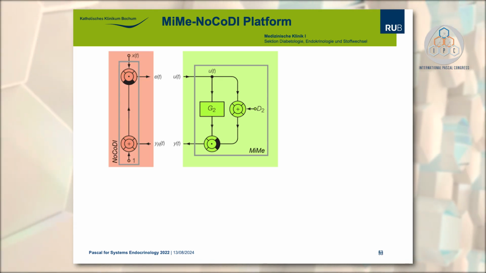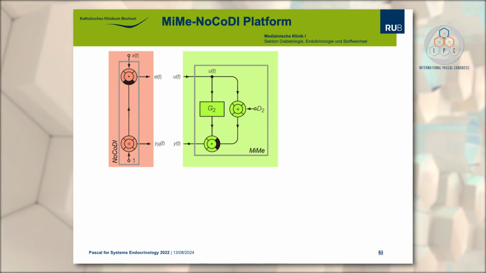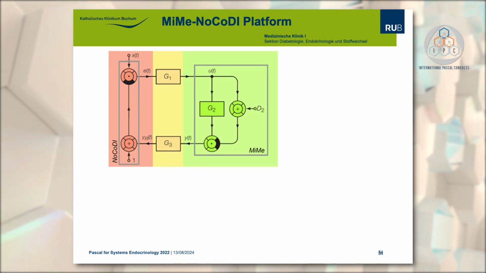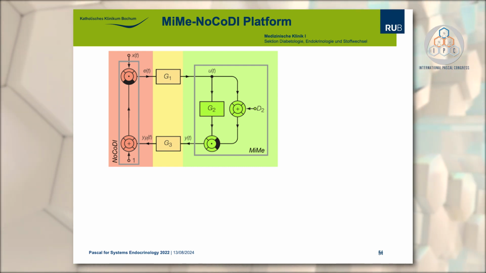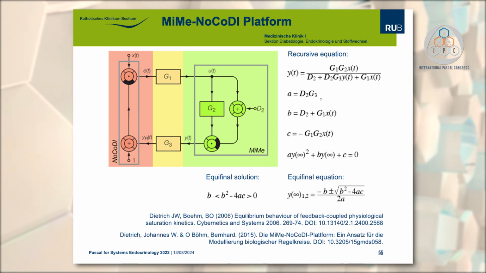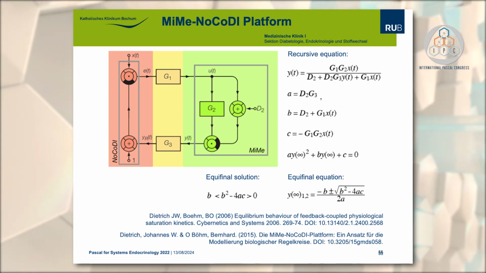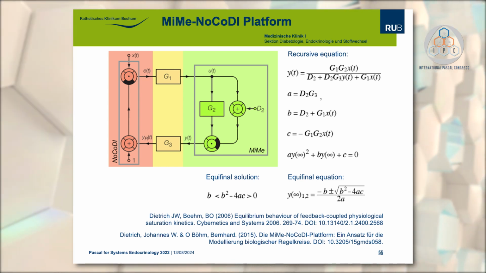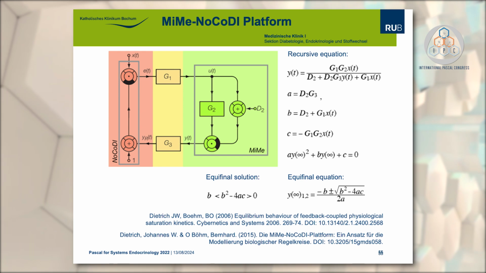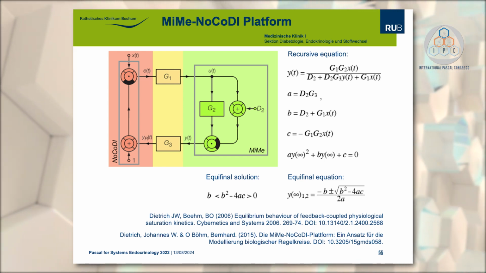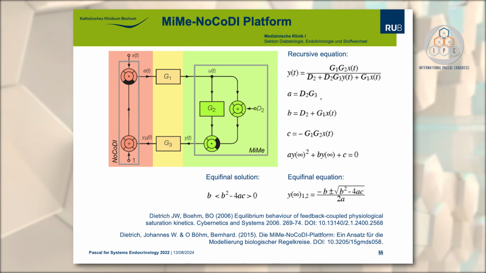This recursive equation describes the development of the system over time. And what we can also do is solve this for the equifinal behavior in the steady state. If we combine some of these parameters to 3 variables A, B, and Z, then we get this quadratic equation for this simple feedback loop, which describes the behavior in the steady state.